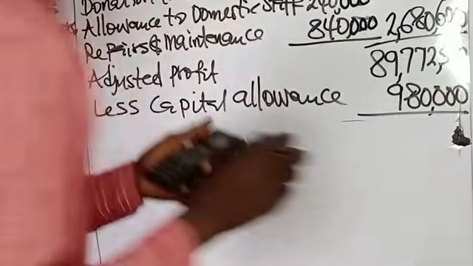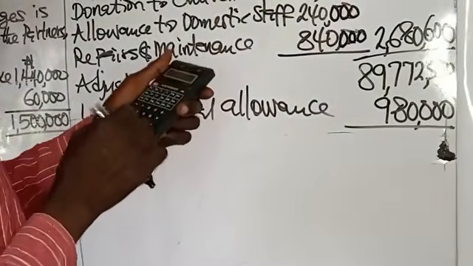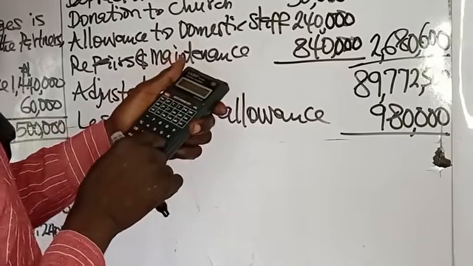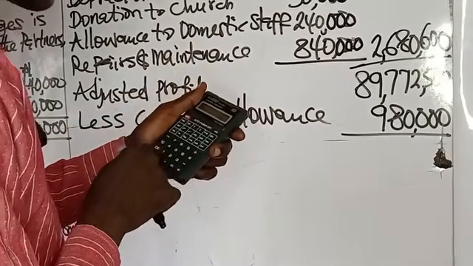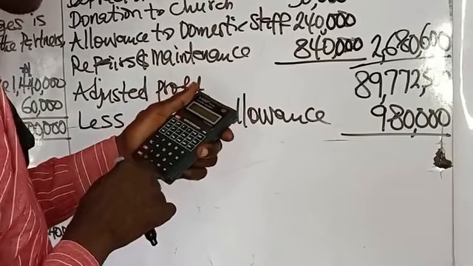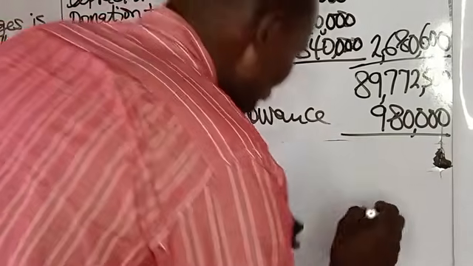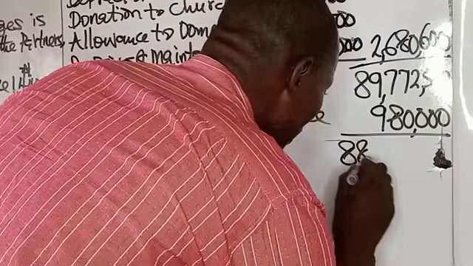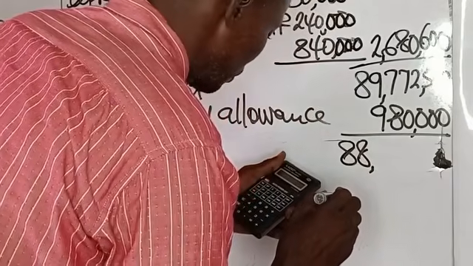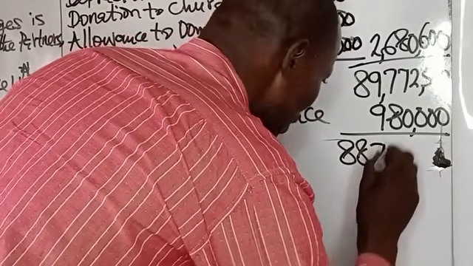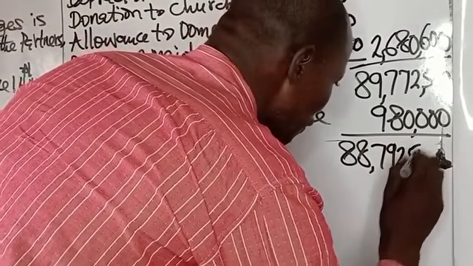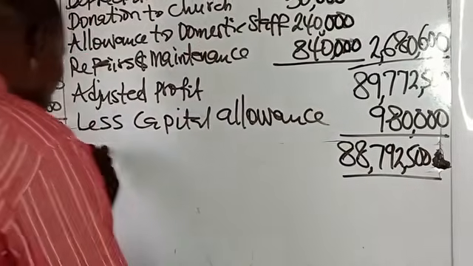If you deduct the capital allowance, minus 980,000, there you have 88,792,500.